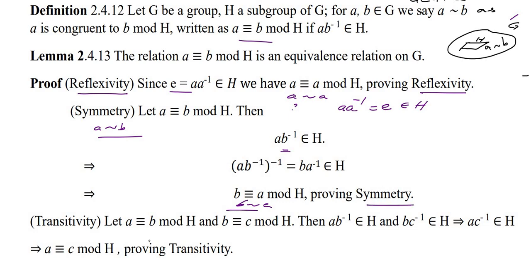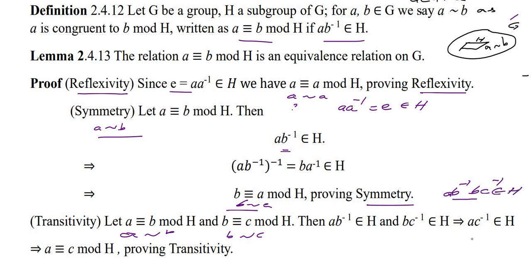Then for transitivity, we assume that A is related to B, that is A is congruent to B modulo H, and B is related to C, that is B is congruent to C mod H. Now the first one implies by the definition that AB inverse belongs to H. Then from the second you have BC inverse belonging to H. Because H is closed, the product of these two, AB inverse times BC inverse, should be in H by closure.